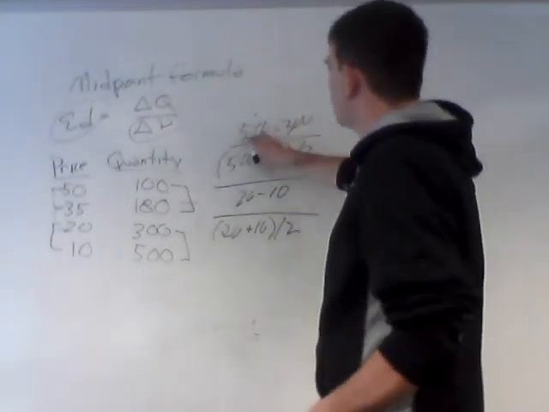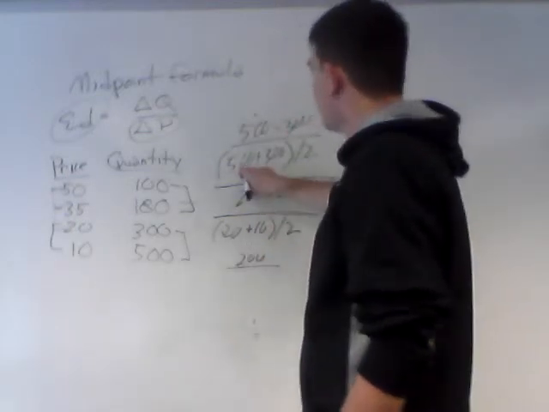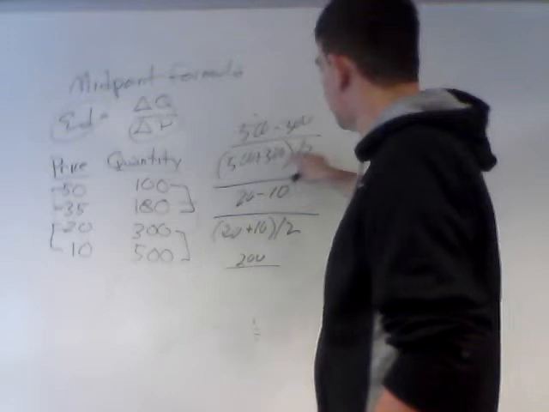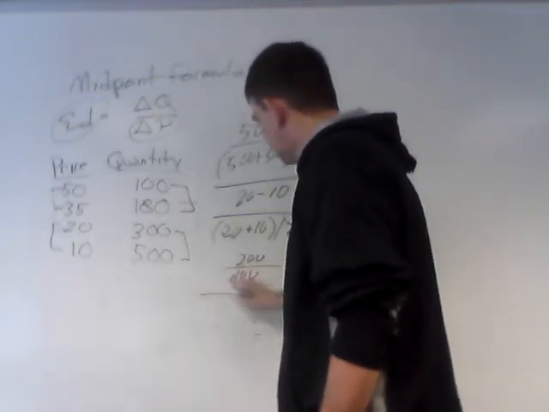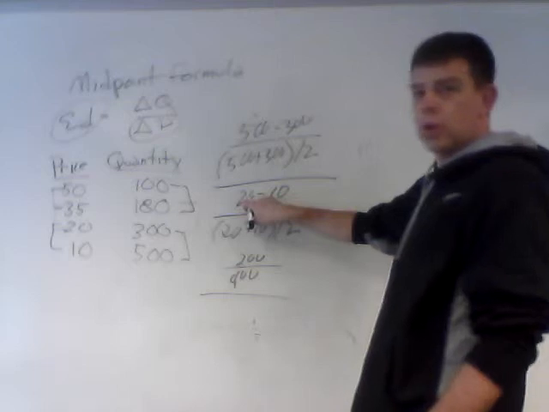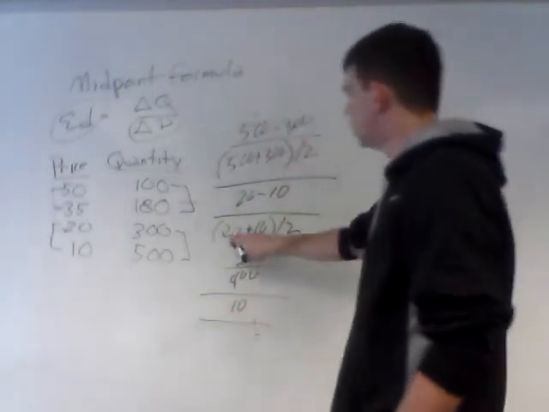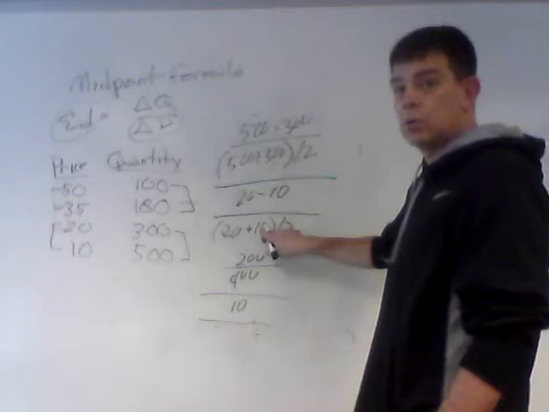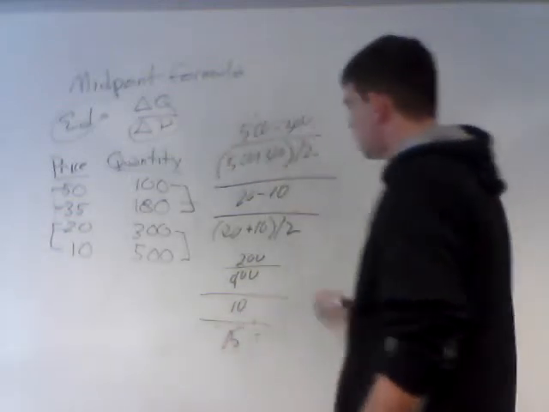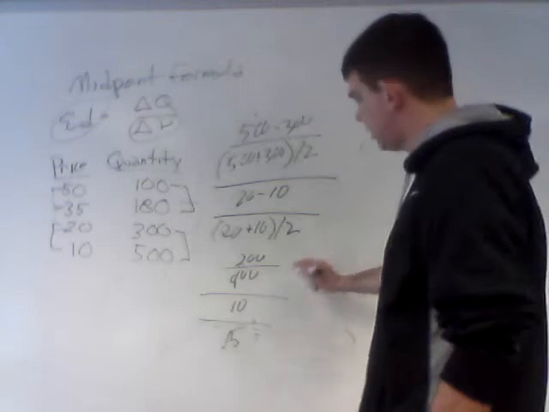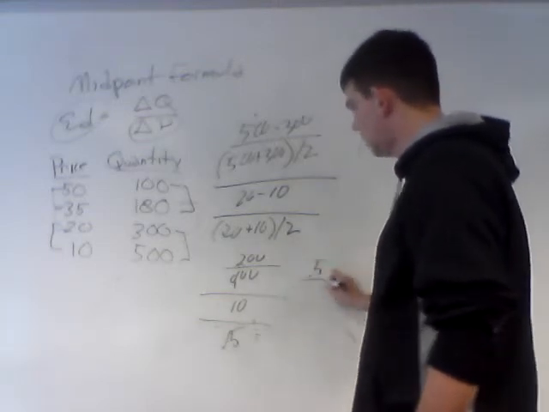So when we do that, 500 minus 300 is 200. 500 plus 300 is 800, divided by 2 is 400, right? All divided by 20 minus 10, which is 10, all over 20 plus 10, which is 30, divided by 2, which is 15. So, to further simplify this, 200 divided by 400 is 0.5.